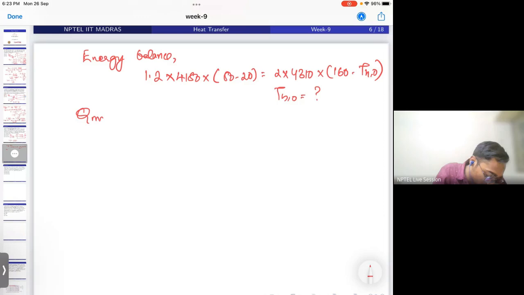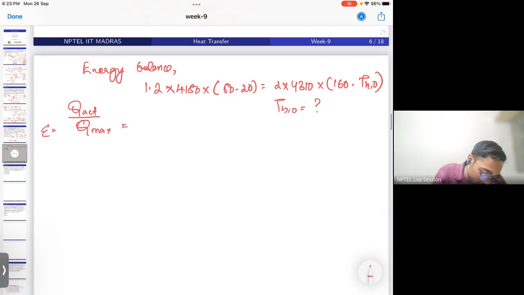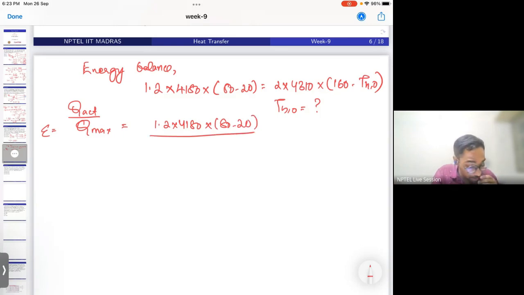So we can find out the epsilon, that is Q actual divided by Q max. Q actual is given as 1.2 into 4180 into 80 minus 20, which is C min. That is, we need to find out what is C min.